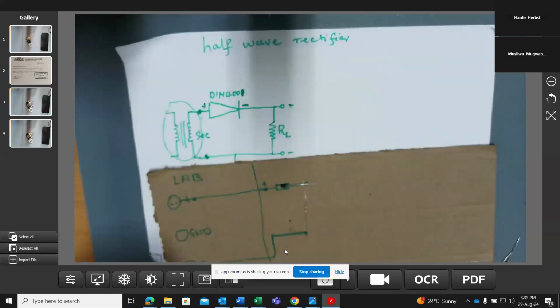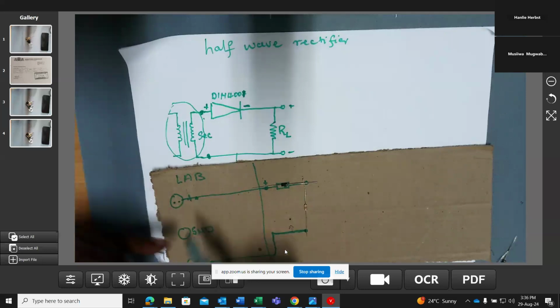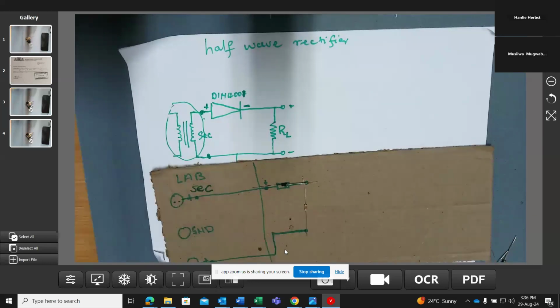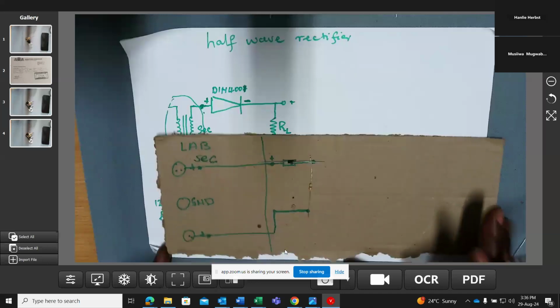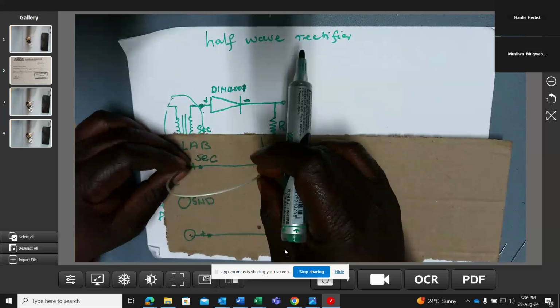Now, from that input, which is at the lab, which is the secondary side of your transformer, remember, this is the secondary side of your transformer. Then I'm going to connect a wire from here up there.